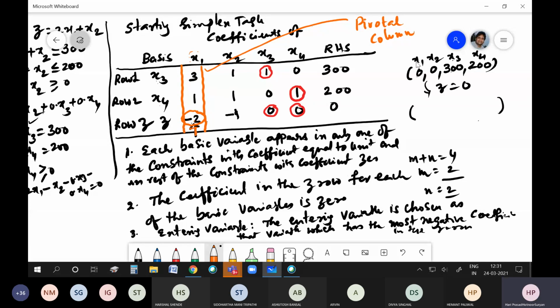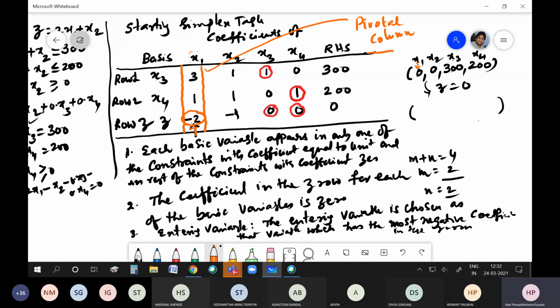Now once X1 enters the basis, X3 or X4 should leave the basis, no? Then only we will have the basic solution, because we have to make either X3 or X4 equal to 0.